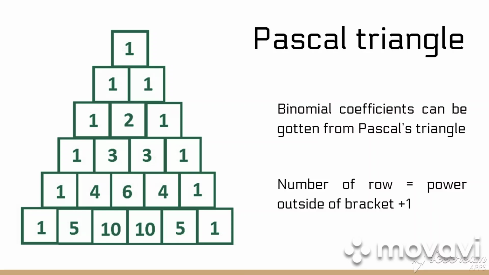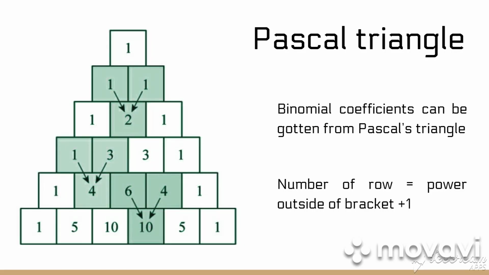But before that, I want to show you the Pascal triangle. The numbers in the Pascal triangle have some connection with the binomial coefficients. But what is a Pascal triangle? A Pascal triangle is a triangle in which the two numbers from the upper row that are nearest to the square itself, when added together, create a number.